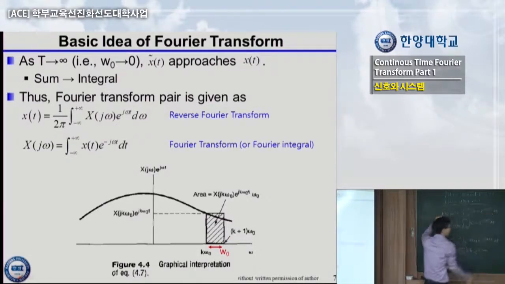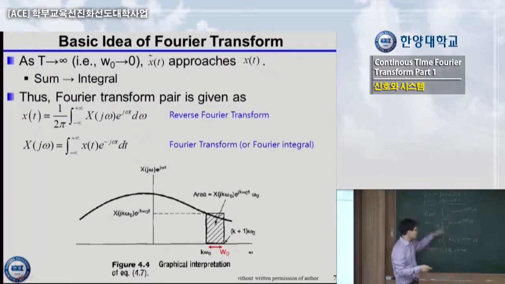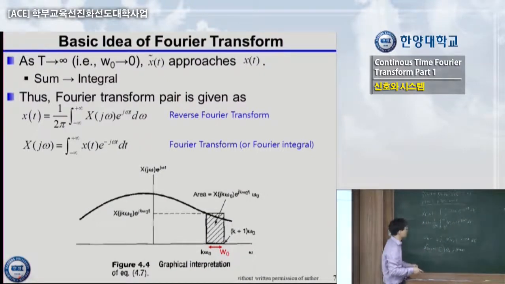They have omega, omega 0, and the polarity will be the same. If you have trouble memorizing it, I had a hard time memorizing it too. So what I did is, if you want to find the original signal, they usually have plus in here. Likewise, if you try to find some kind of transform of the original signal, you have minus in here. And the relation between those two is that they have k omega 0 instead of omega. That's the only difference.